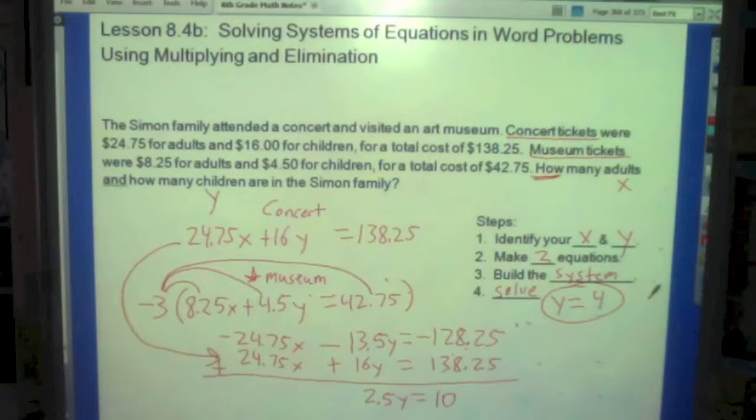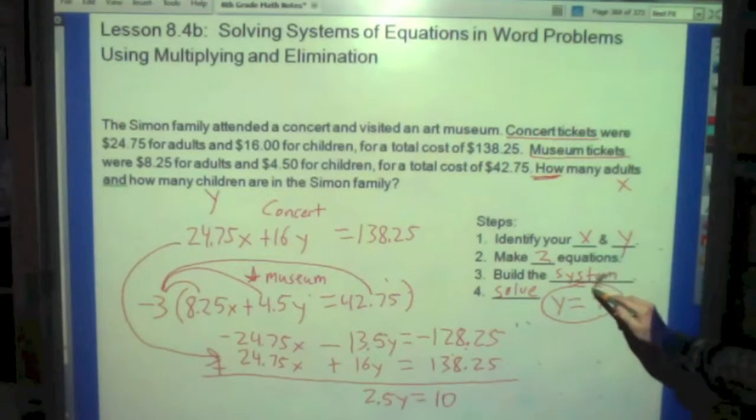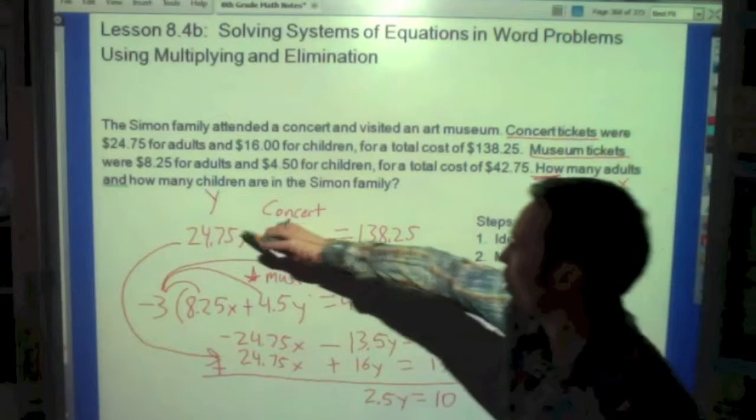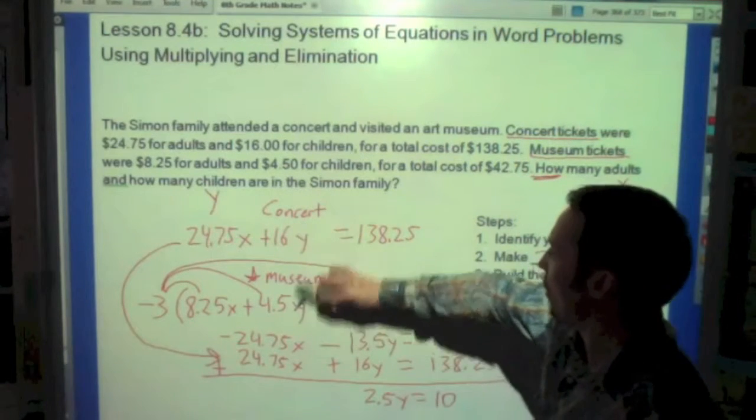Okay, so y came out to 4. So that tells me that there are 4 children in the Simon family. All right, we got 4 kids in the Simon family. Now I need to solve for x. Now that I know that y equals 4, I can take this 4 and put it into either one of these equations for y.